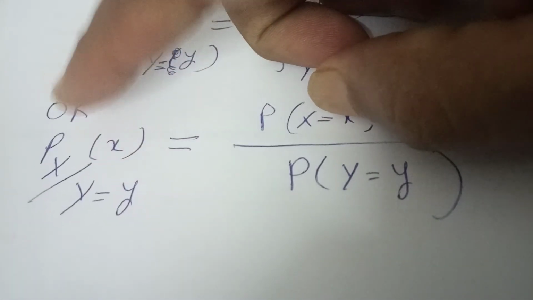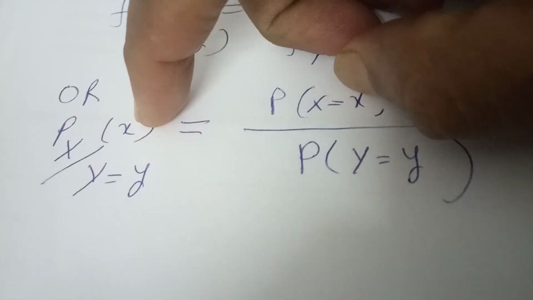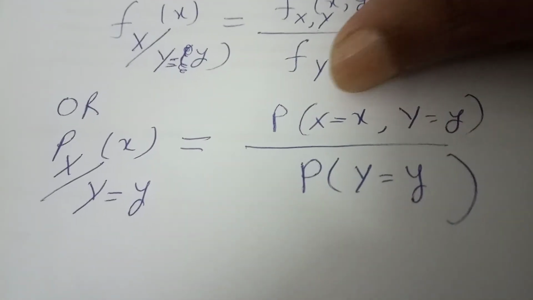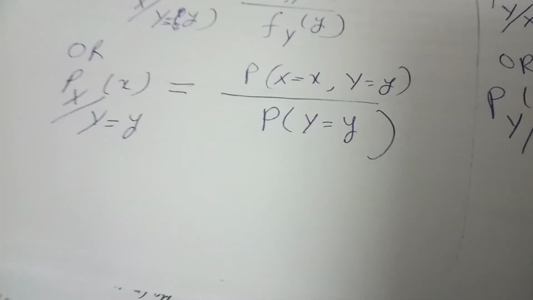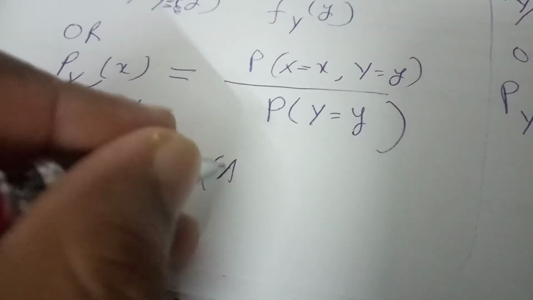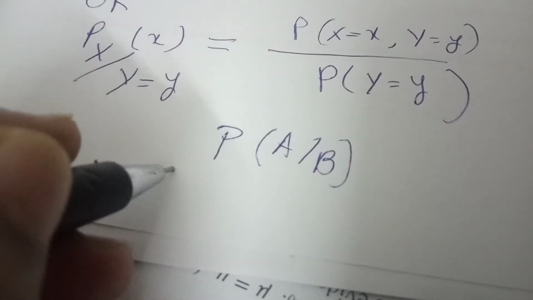That is, I am interested in the conditional probability of X taking the value x given Y equal to y. You remember that probability of A given B is equal to, what was the formula?